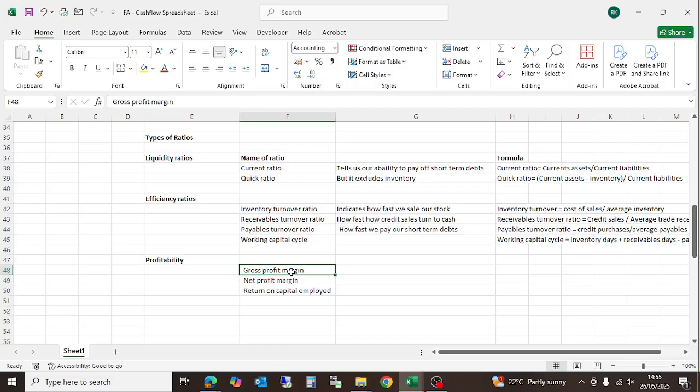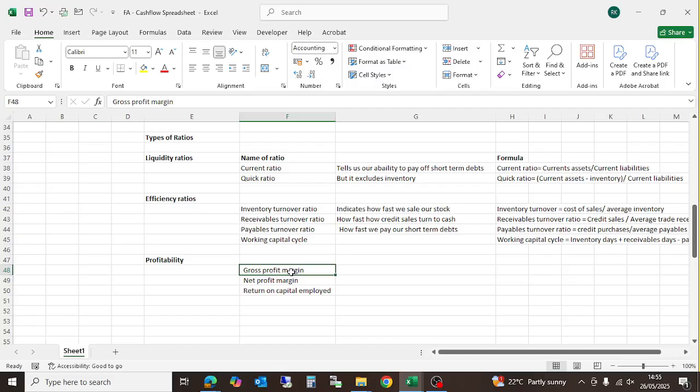Wait, oh, okay. We can say the percentage of revenue that exceeds all operating expenses. Yes, the percentage of revenue that exceeds all operating expenses. We can put that as a definition.